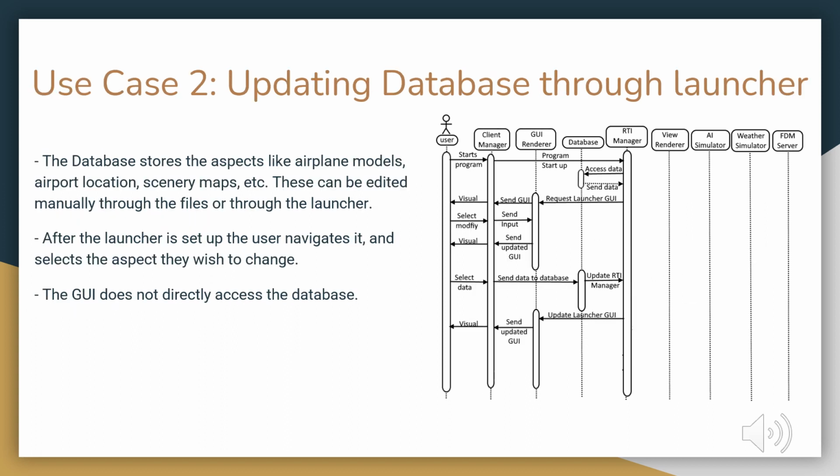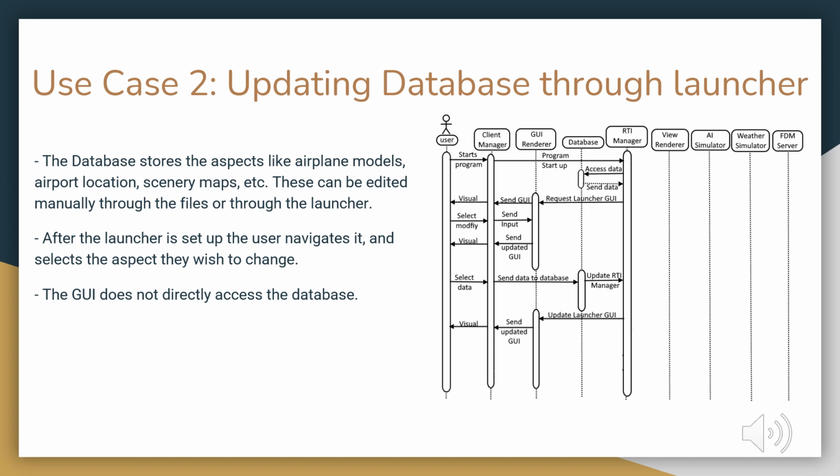And the second use case that Josh also came up with was updating the database through the launcher. We looked at it and saw what a nice and good idea that is. When you're looking at the website or the simulator, you have to make sure that the database stores aspects like airplane models and airplane locations, scenery maps, and etc. These can be edited manually through the files or through the launcher.